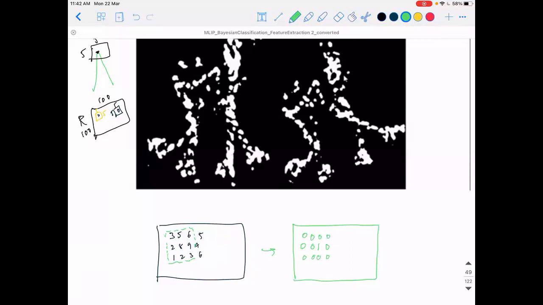That's all. So say, for example, if I have a few other pixels, something like this, and then a few more.